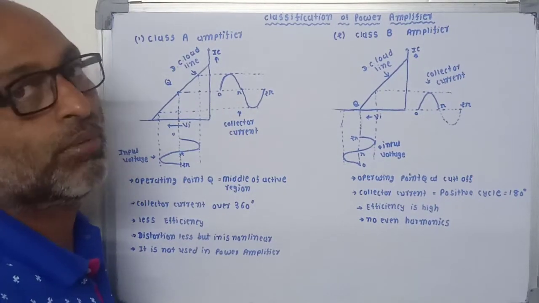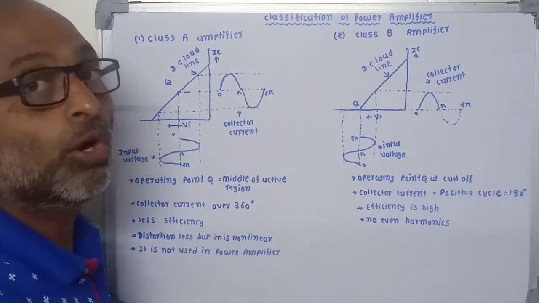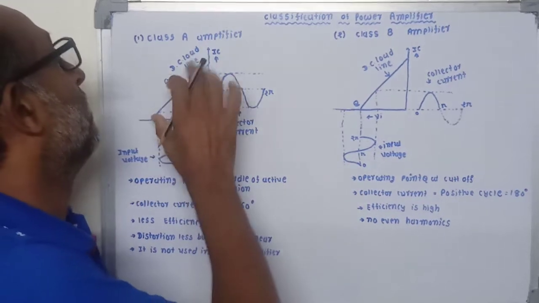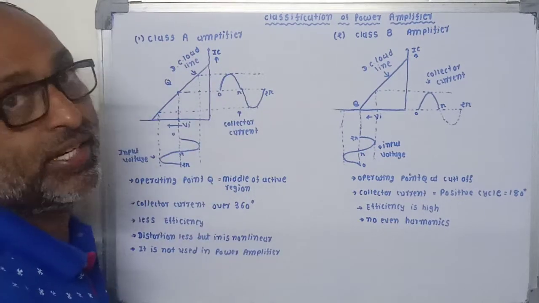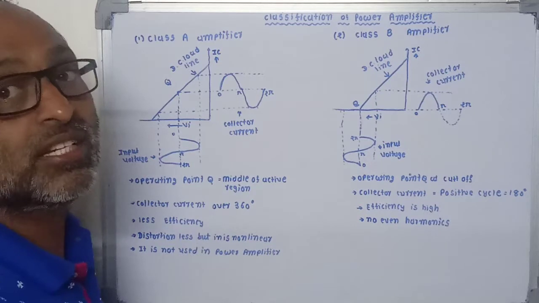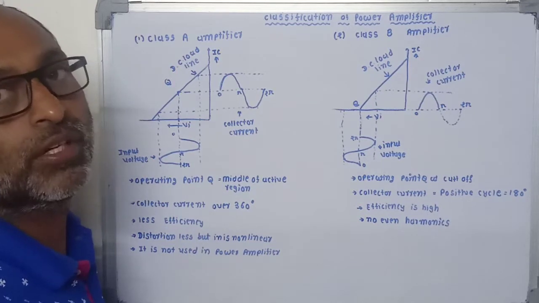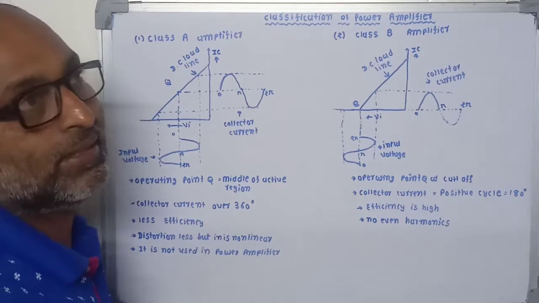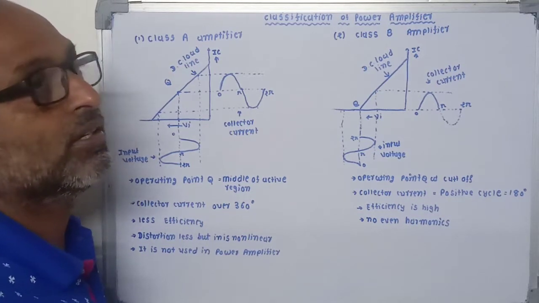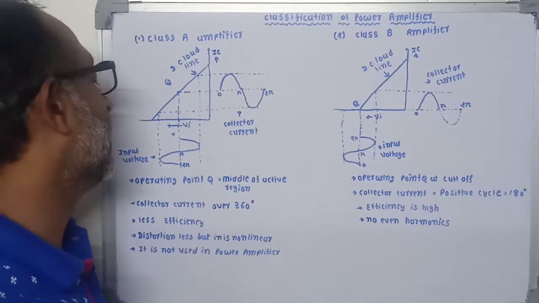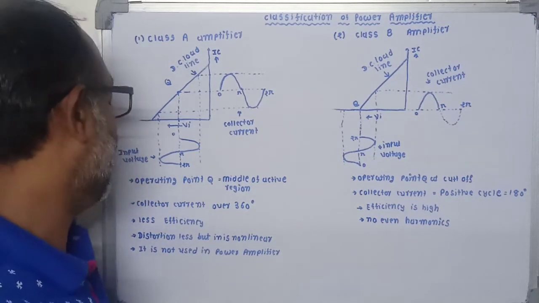First, the class A amplifier. In this type of amplifier, the operating point Q is kept in the middle of the active region. So the transistor is not driven into the cutoff region or the saturation region, and the collector current is conducted through the total input cycle, that means 0 to 360 degree.